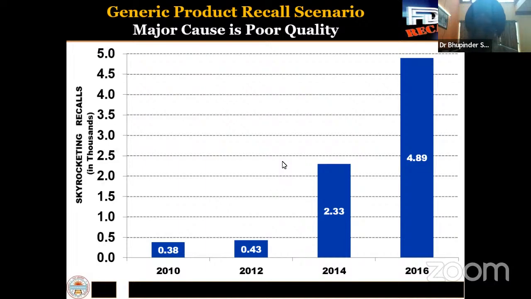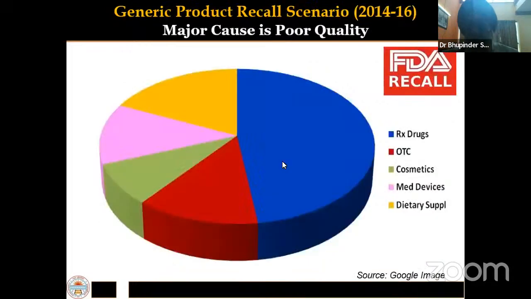It's a 2017 scenario till 2016. You can see the number of recalls from the market, US FDA market, has been exponentially increasing, and it was not restricted to only the prescription drugs, which constituted only 50%.